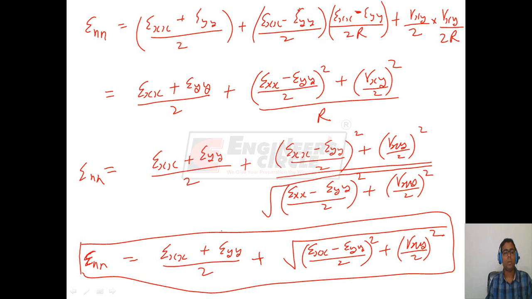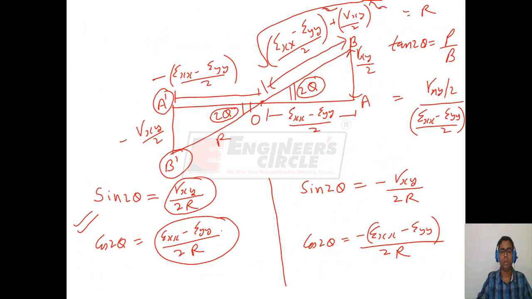So we find epsilon nn from the second set of solution, that is this set of solution.